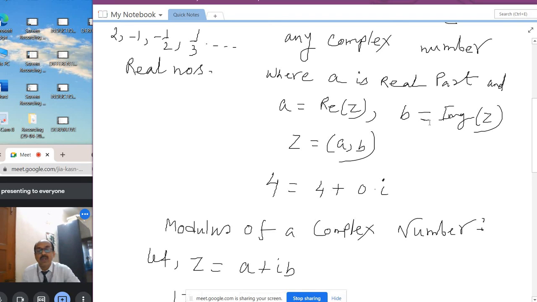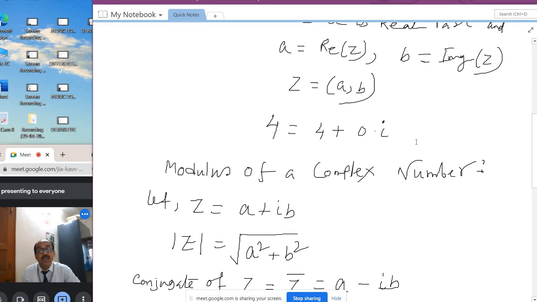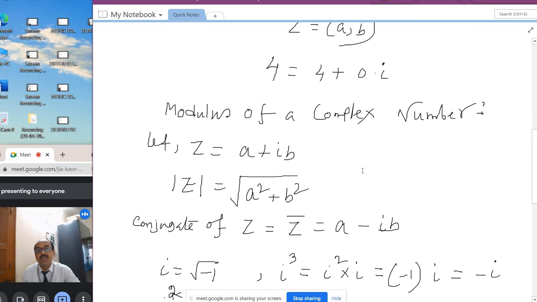And z is equal to a plus ib, so a is the real part and b is the imaginary part. Mod z, that is the modulus of z, is under root a square plus b square. That means real part square plus imaginary part square.